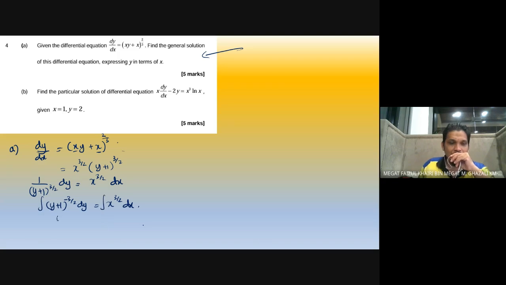So they're going to give you y power of negative 3 over 2 plus 1, negative 3 over 2 plus 2 over 2. It is negative 1 over 2, right? Negative 1 over 2 divided by negative 1 over 2 times differentiate y is 1 here.